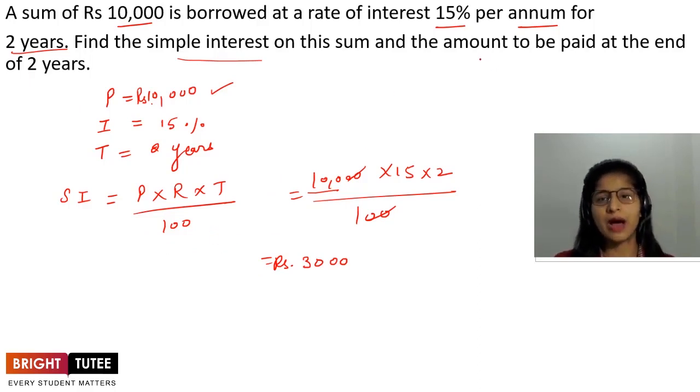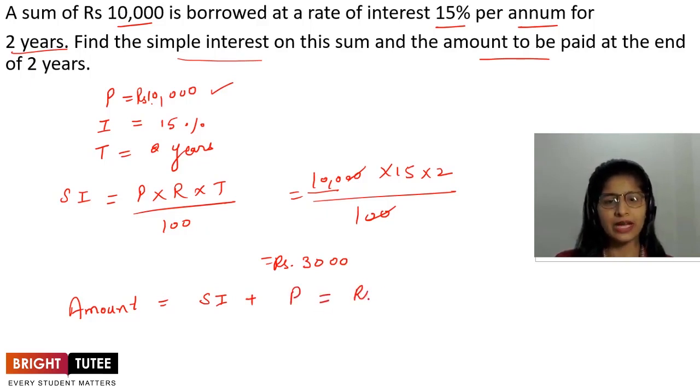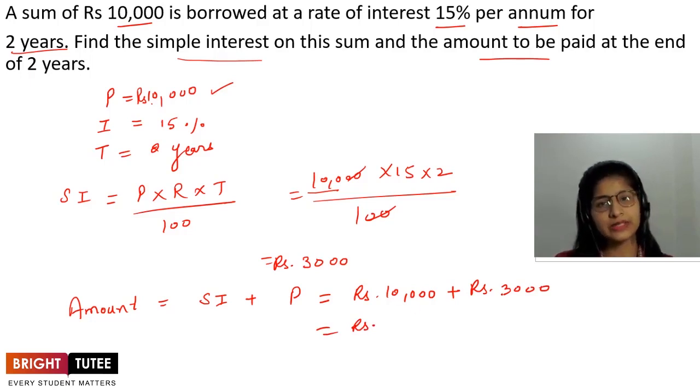Then we have to tell the amount to be paid at the end of 2 years. You know the formula of amount: simple interest plus principal. To the amount that was borrowed, that is 10,000 principal, we add the interest, that is rupees 3,000. So 10,000 plus 3,000 is 13,000. Getting it? 10,000 was the initial amount and he borrowed at the rate of 15% per annum.